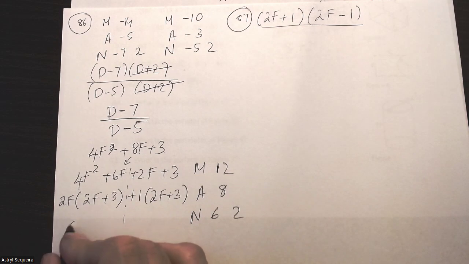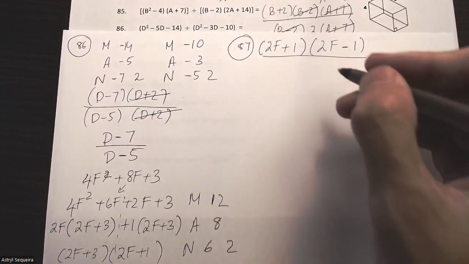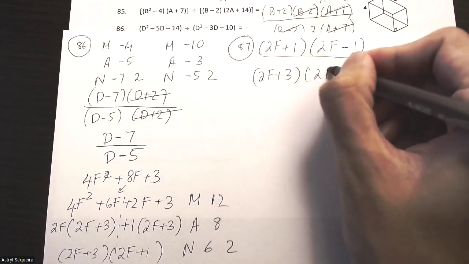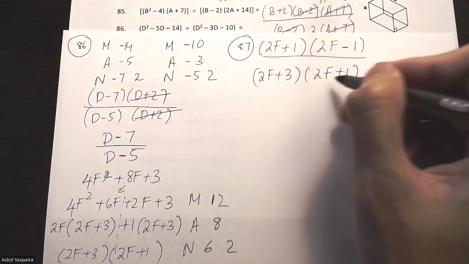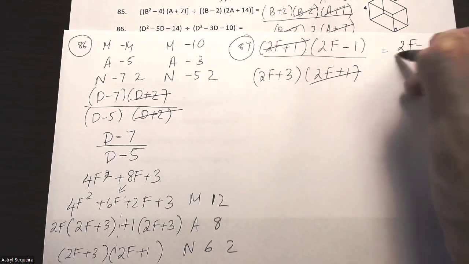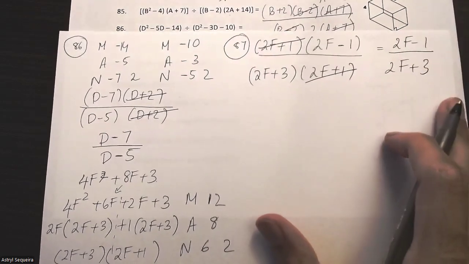Then my final solution is just 2f plus 3, 2f plus 1. So let me put that over here, 2f plus 3, 2f plus 1, 2f plus 1 cancel. So final solution is just 2f minus 1 over 2f plus 3.